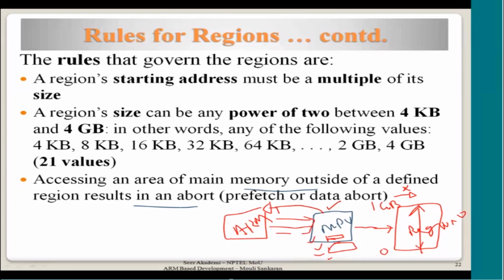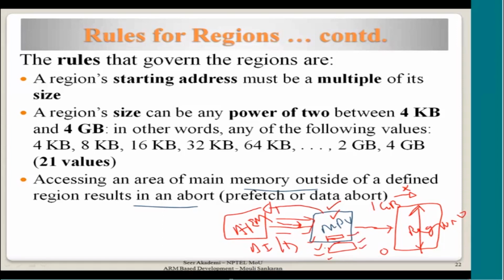So far I said that only a memory abort, data abort or instruction abort comes from a memory unit. Memory unit need not be only a memory; it could be an MPU also, or an MMU. Okay. Now you may get more detail about who will give which abort signals to the processor. The processor will go to the interrupt table and execute all that we have discussed earlier. So the MPU is continuously looking at the addresses. Once it is enabled, it looks at the addresses the processor is accessing, both for instruction and data, and checks them against the regions.